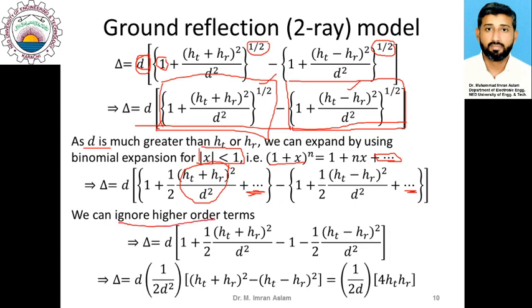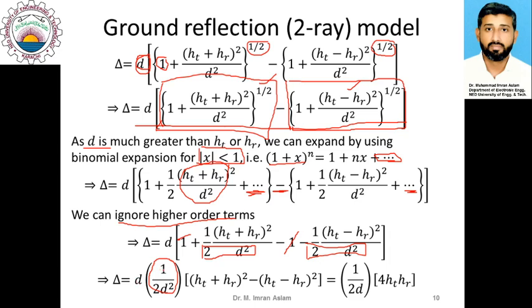So if we ignore the higher order terms, we would end up with this value, 1 plus half ht plus hr square upon d square, minus, this minus is because of this minus sign here, 1 minus half this entire thing, and of course this minus 1 and plus 1 would go away, and in the denominator there is 2d square in this term and 2d square in this term, and we can take this 2d square as common as represented in the next step.